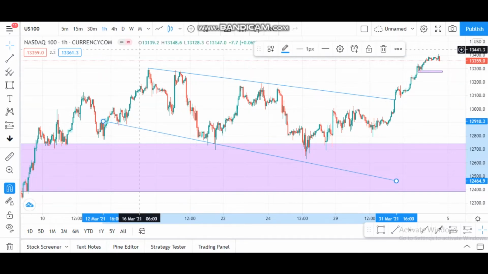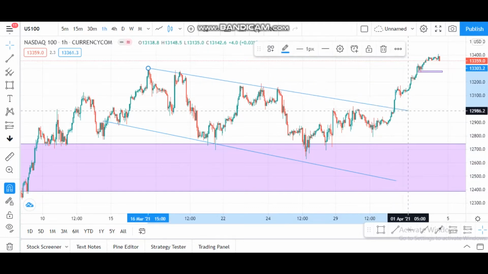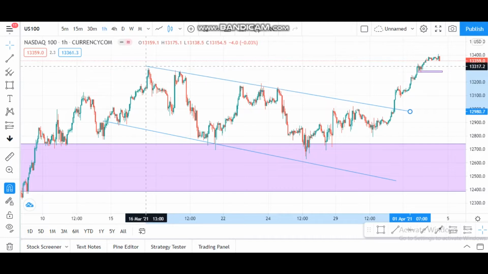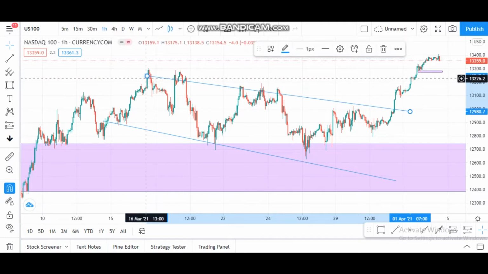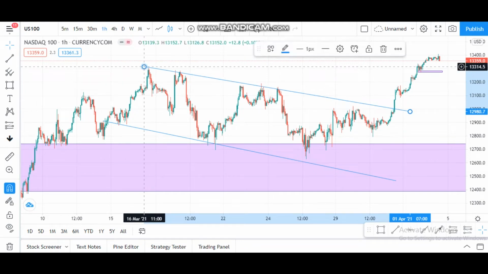So we had a descending channel on H1. This is a descending channel, and the high probability of a descending channel is to break to the upside, and that's what happened.